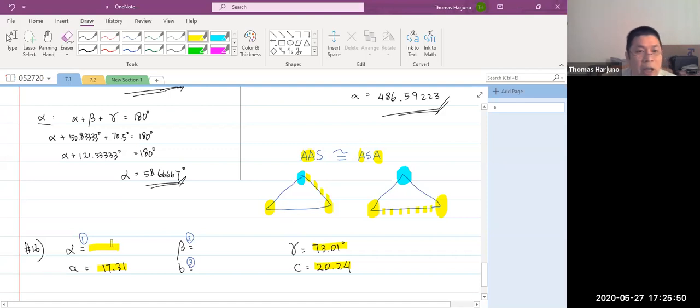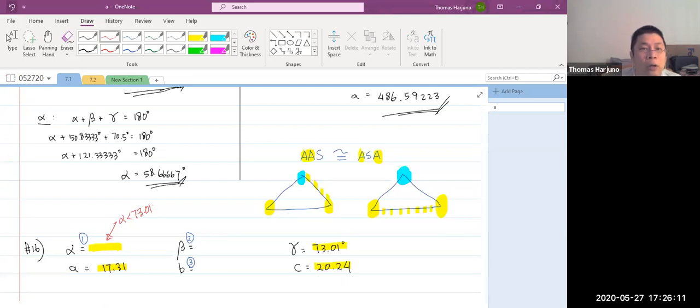Another way to say it, angle alpha is less than 73.01 degrees. Okay, how do we know that, Thomas? Because side A is shorter than side C. Now that will help us later on when we try to answer what is angle alpha.